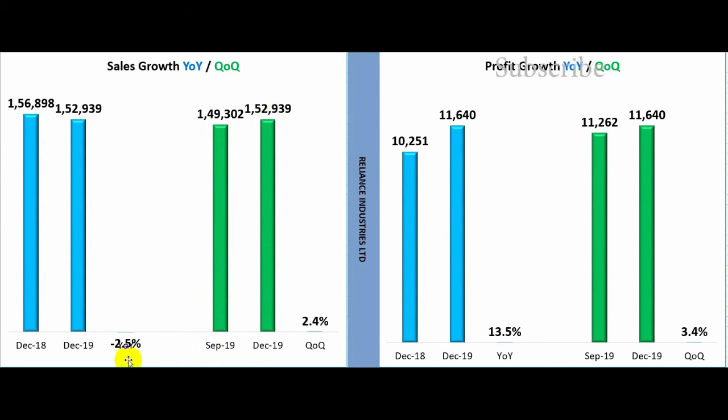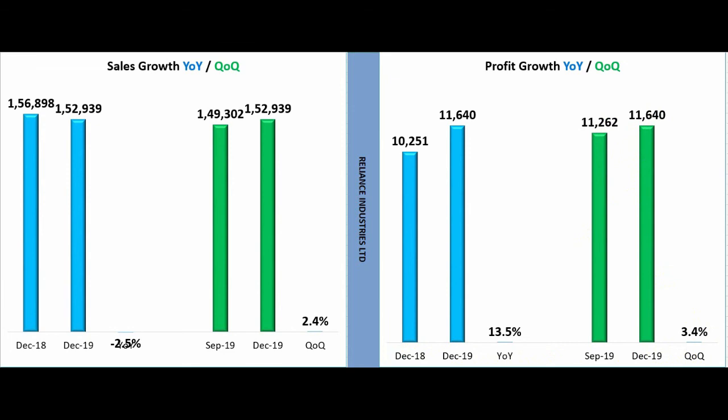So YOY it has fallen by 2.5%, and quarter on quarter it has increased by 2.4%. Profit growth YOY was 13.5% from December 18 to December 19, whereas on a quarter on quarter basis the growth was around 3.4%, from 11,000 crores to 11,640 crores.